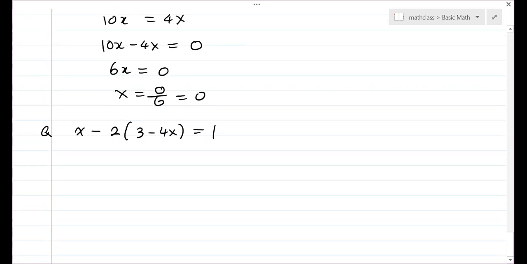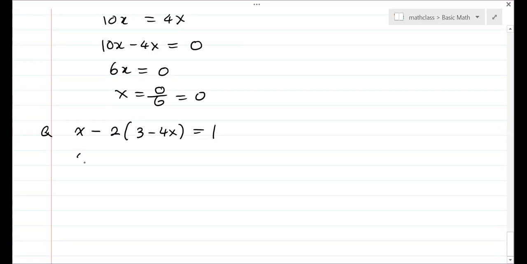You will get a fraction this time. Just be careful after you remove the parentheses and group like terms, simplify the expression. Yeah, 7/9. X equals 7/9.